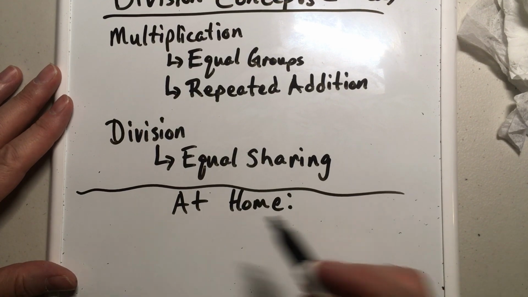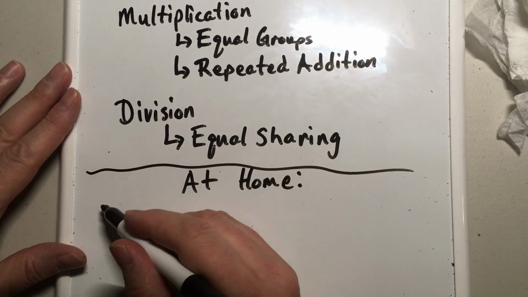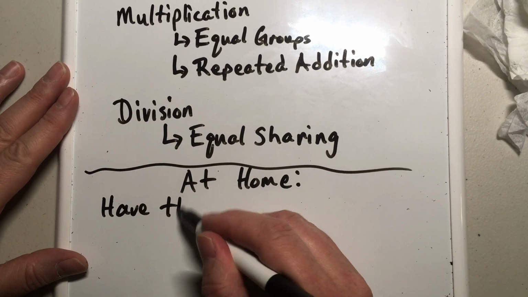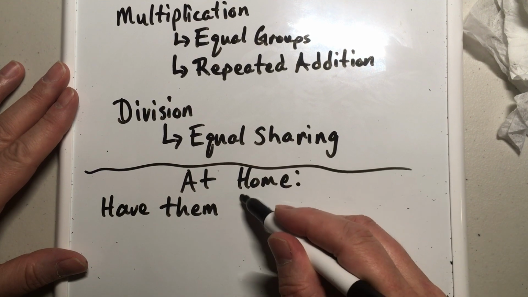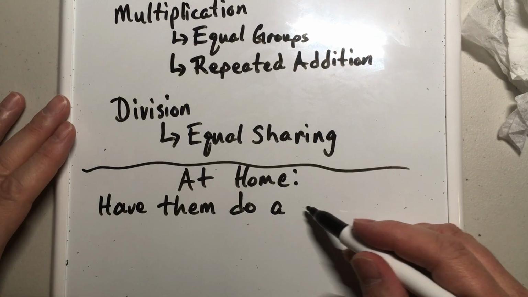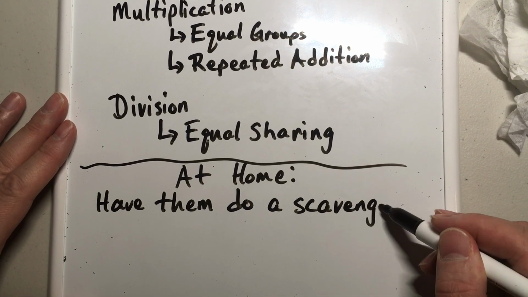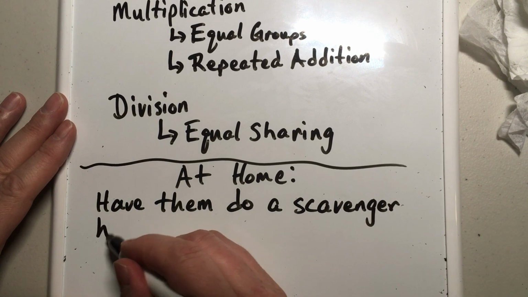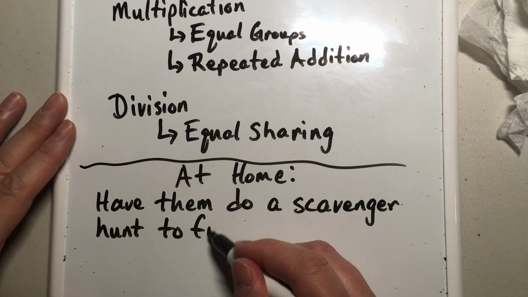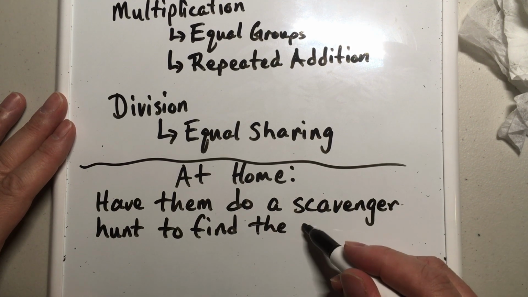Okay, here's an idea that you can do at home with your kid. This is just a suggestion. Have them do a scavenger hunt to find the same type of things.